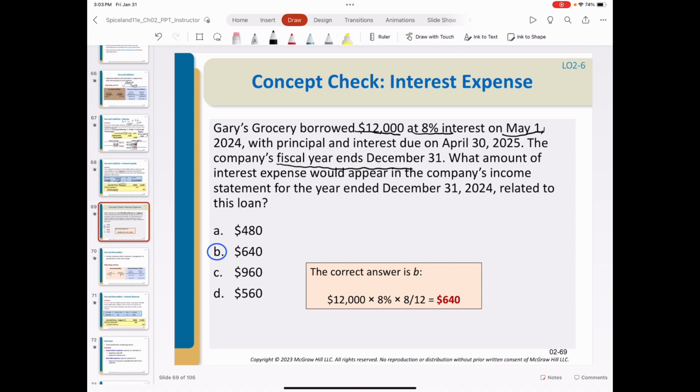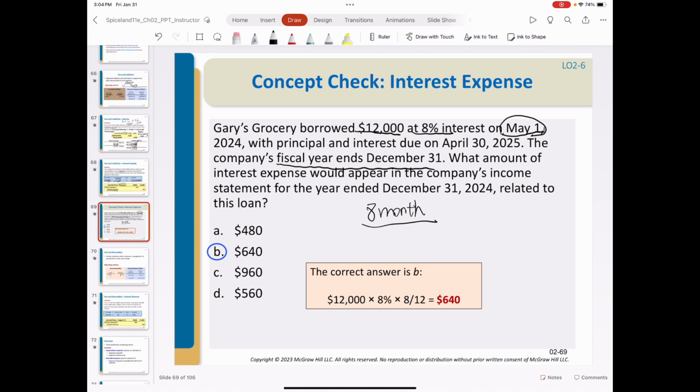The company's fiscal year ends on December 31st. That indicates the accounting cycle ends on December 31st. So from May 1st, the first day, to December 31st, that is 8 months.